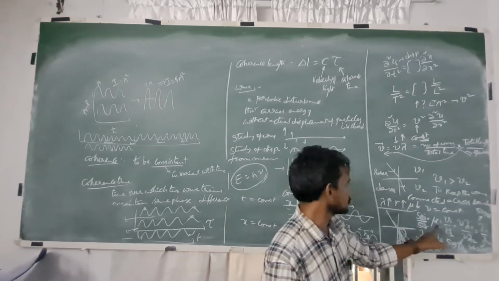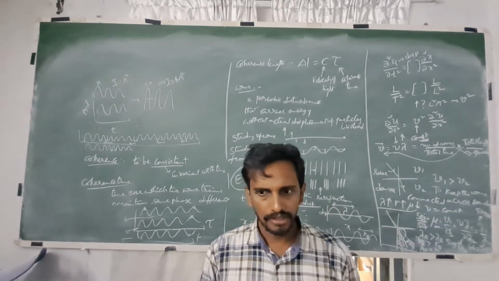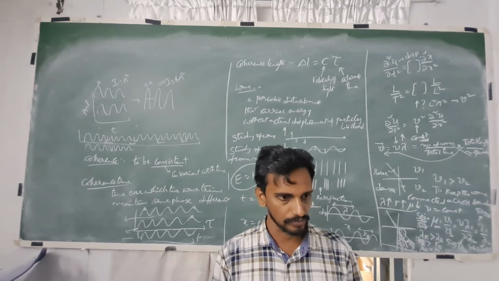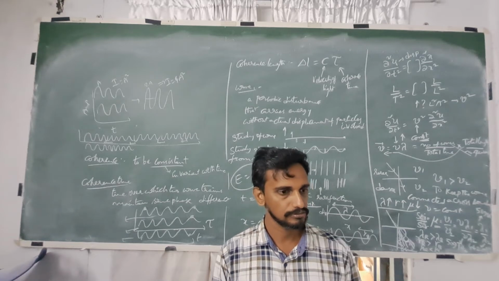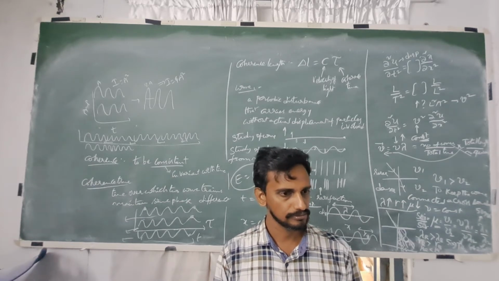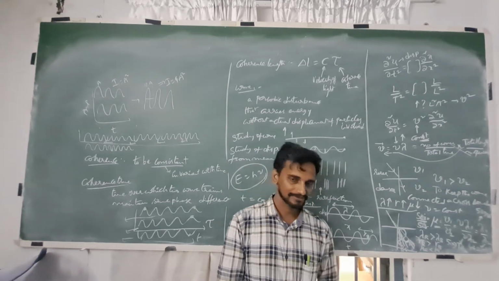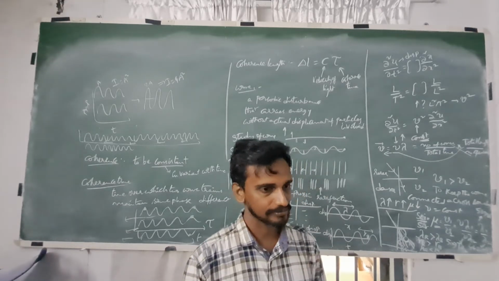So we have to use mu is lambda 1 by lambda 2. Lambda 1 is 5500. But mu is 1.33 only for sodium yellow. For green, you will have a different number. You should not do that. The question was wrong.